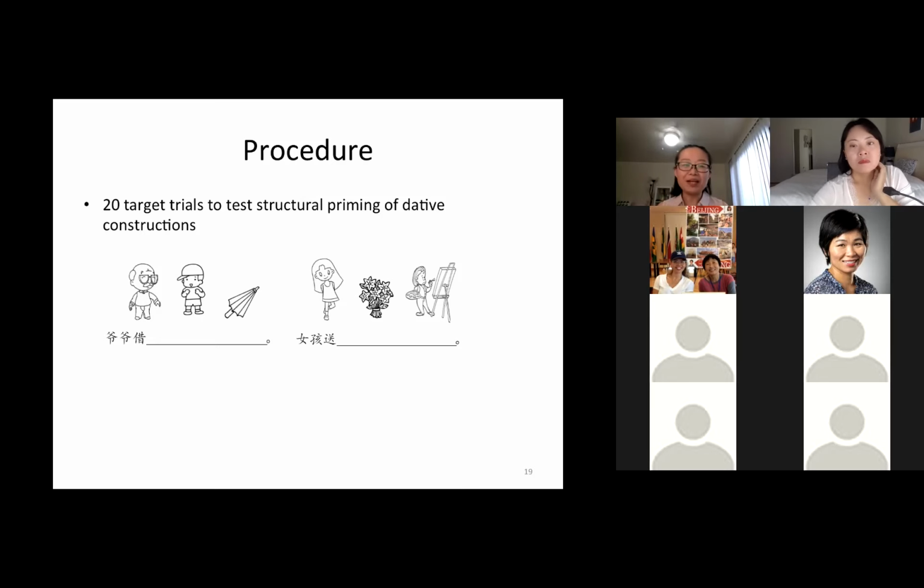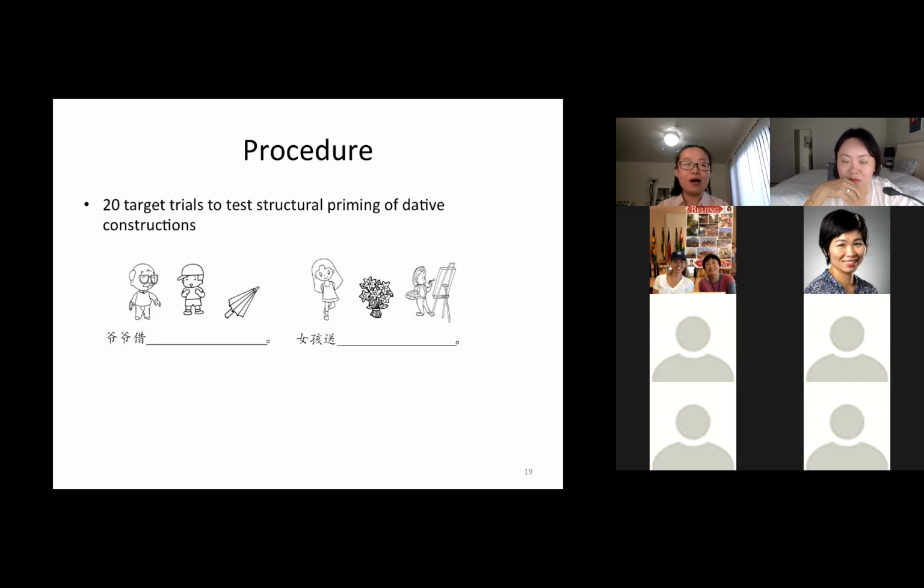So that's why the prime sentences are important. We try to figure out whether the prime sentence affects the production for the picture. As you see, we have two objects in dative constructions, but we shift the position of the two objects.